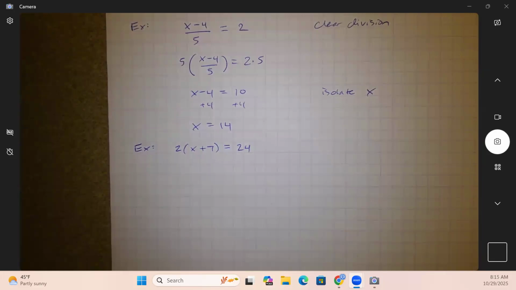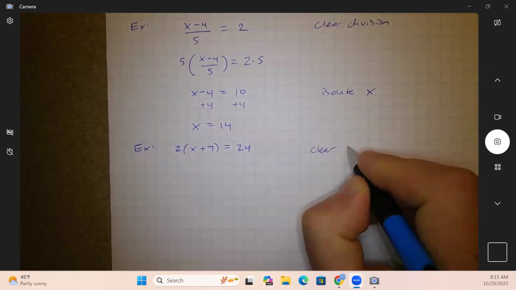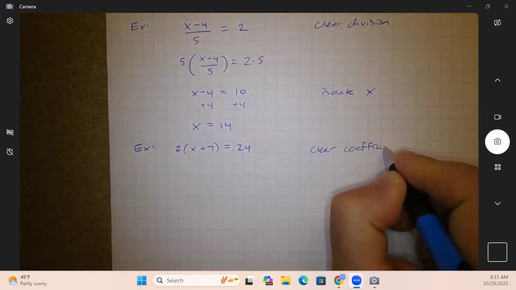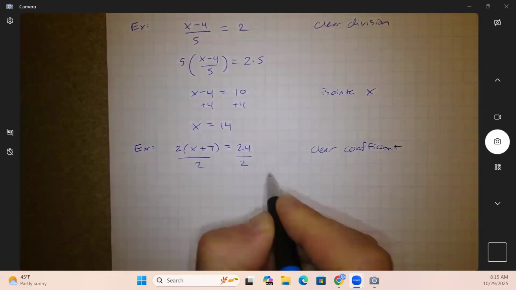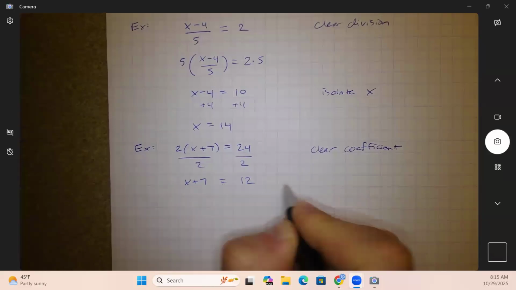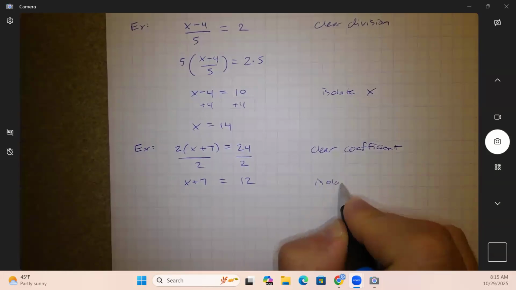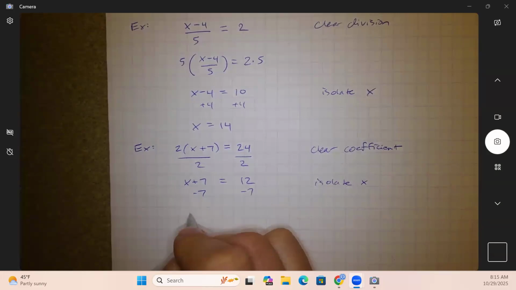And this one, we can also solve it a couple different ways, but in general, if your x plus 7 is in parentheses, first I'm going to clear the coefficient by dividing both sides by 2. And I get x plus 7 equals 12. And now I'll isolate x by subtracting 7 from both sides. And I get x equals 5.